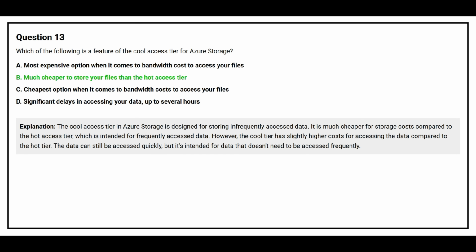It is much cheaper for storage cost compared to the hot access tier, which is intended for frequently accessed data. However, the cool tier has a slightly higher cost for accessing the data compared to the hot tier. The data can still be accessed quickly, but it's intended for data that doesn't need to be accessed frequently.